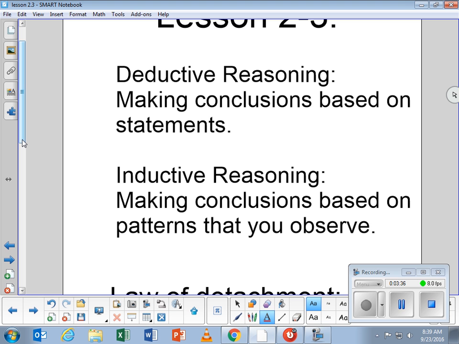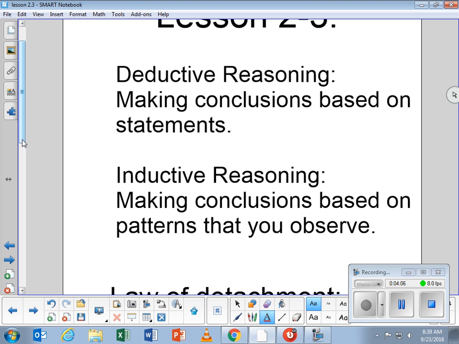Okay? Deductive reasoning is making decisions based on statements. Information you're given. Okay? You're an investigator for the police force. You go to a scene, you take notes on things you see. You make deductive reasoning, you deduce from one statement to another statement to another statement. You interview people.